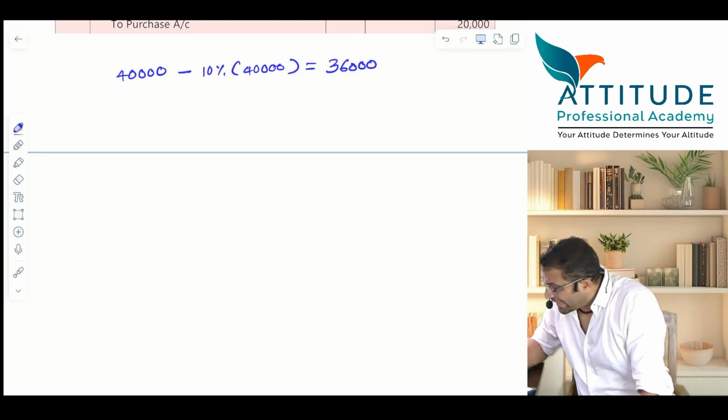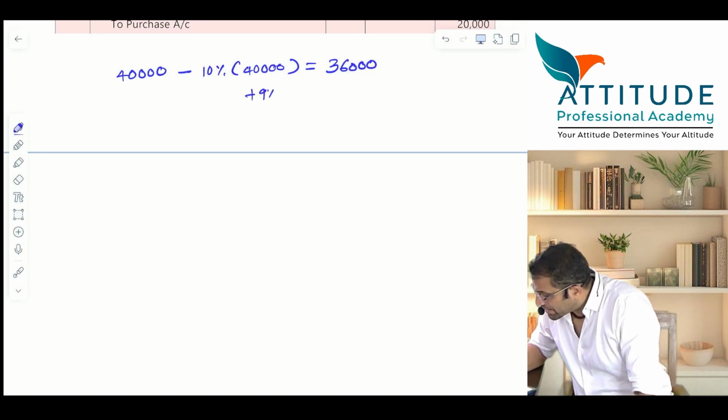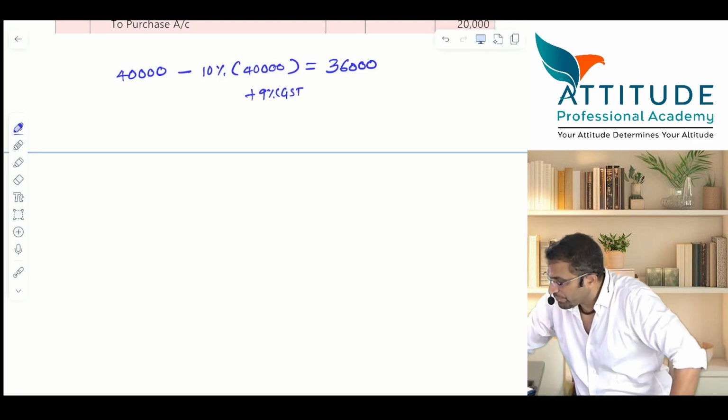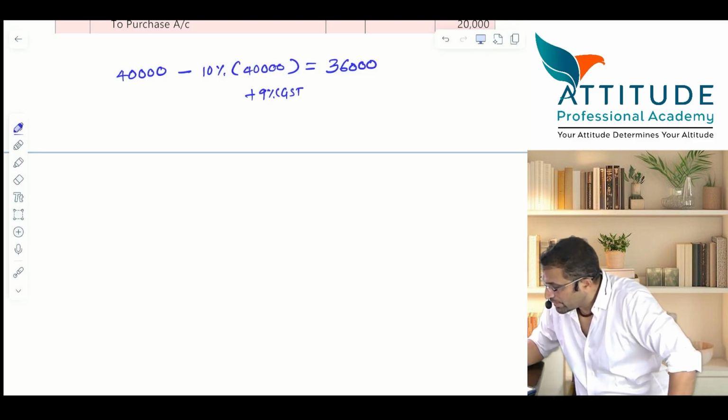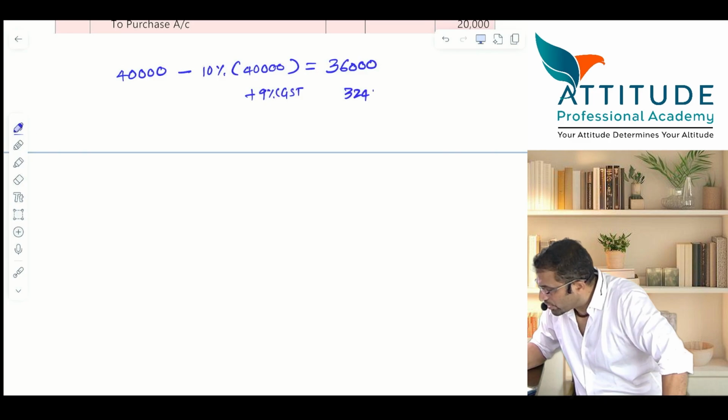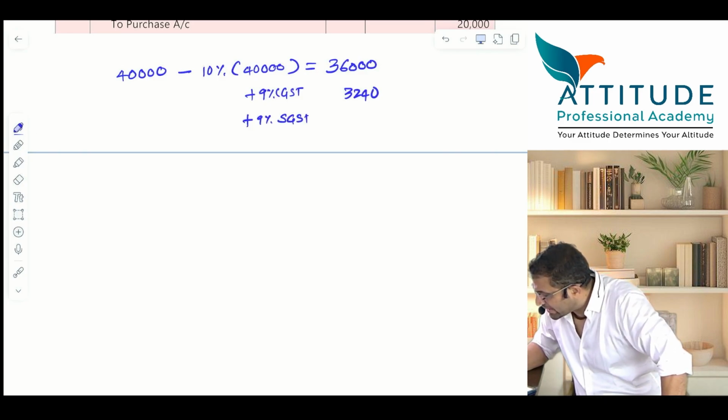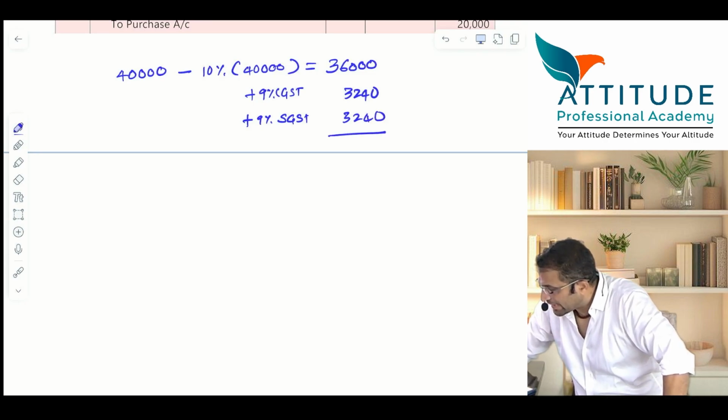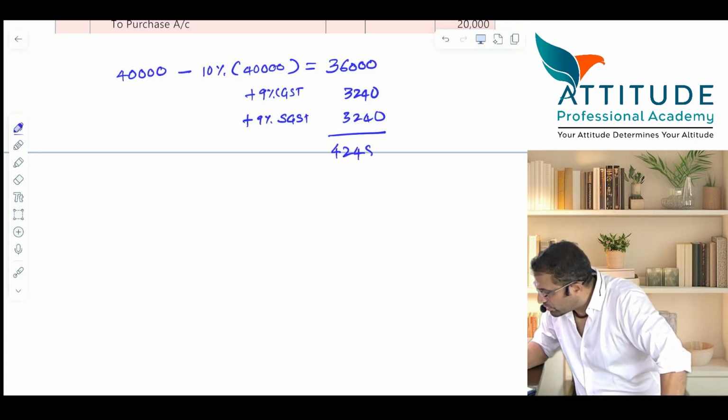On this you have to add 9% CGST. How much will it be? 3240. On this add what? 9% SGST. How much? 3240. Is that clear? How much will it come to? 42,480.